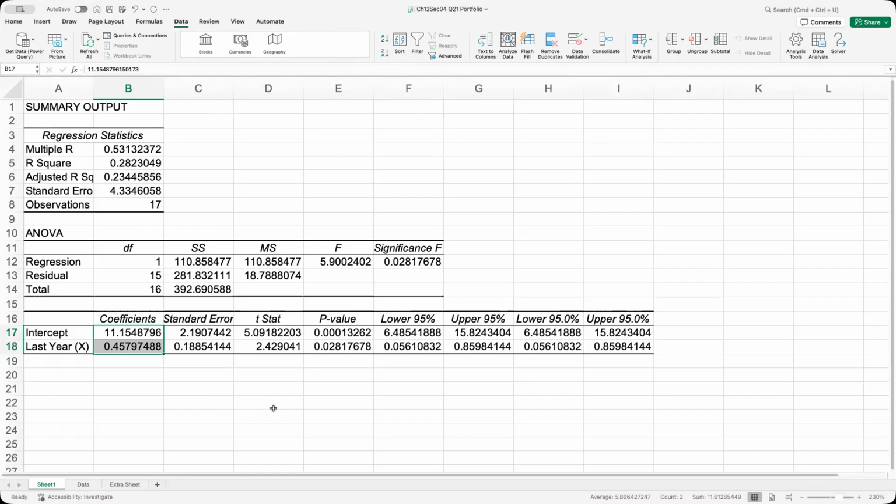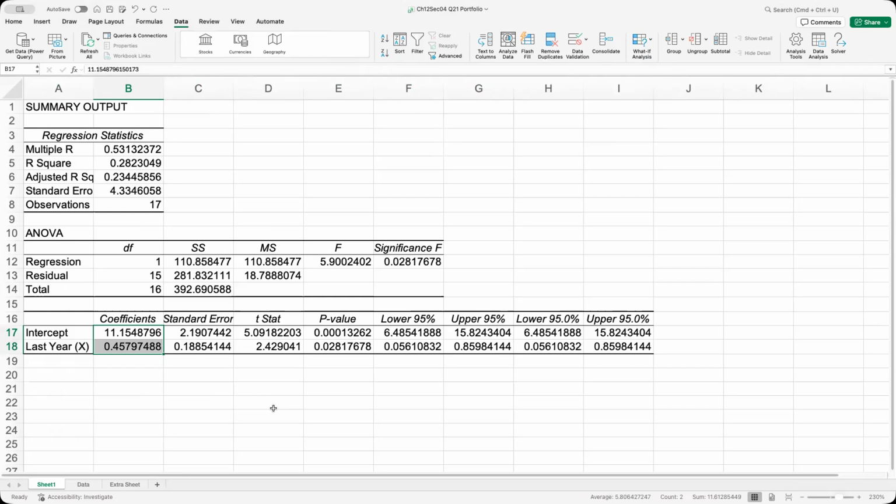As a matter of fact, it's the same number here. That is not a coincidence. So I know not only that there is a relationship, I know that my intercept and slope are accurate enough for there to be a cause here. And I can tell you how much it is.